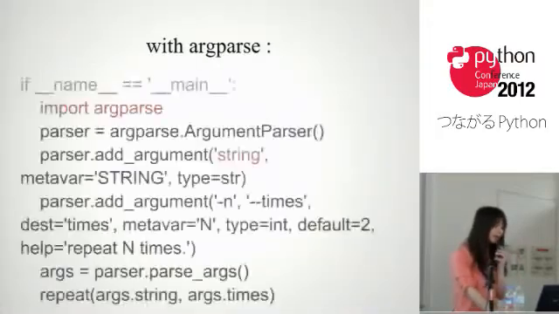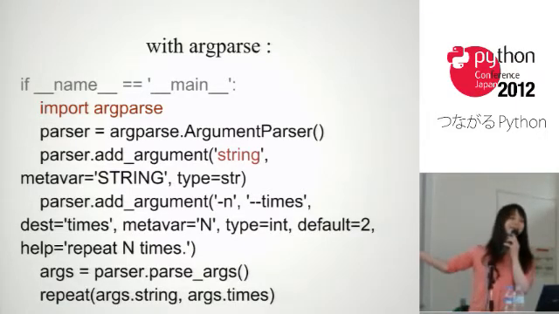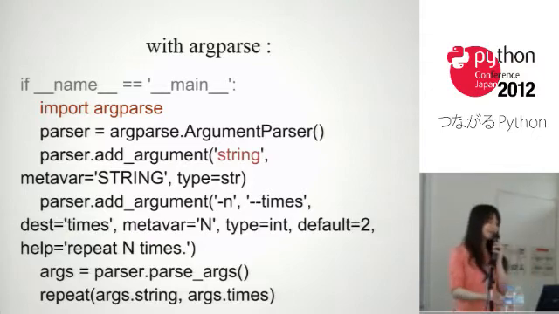Let me try to make it into a CLI program with argparse. You have to write that. It's complex. This slide looks dirty, but it's just 5 lines.